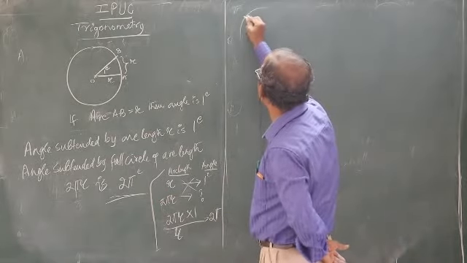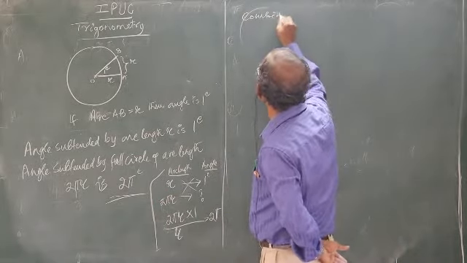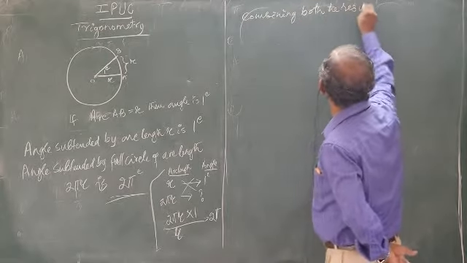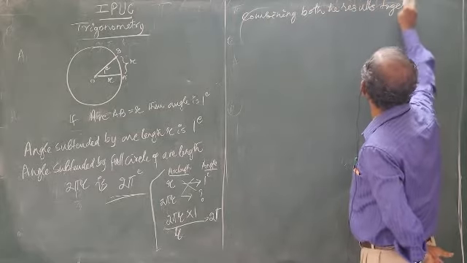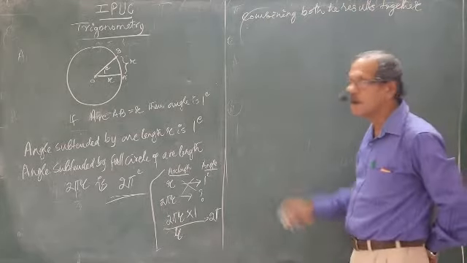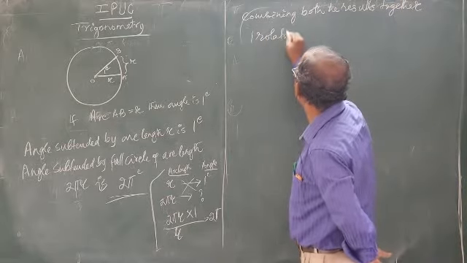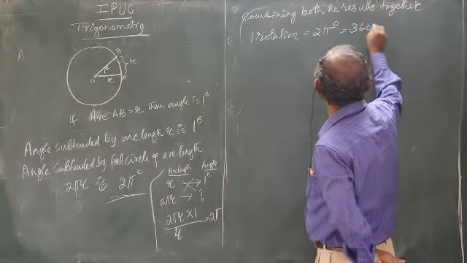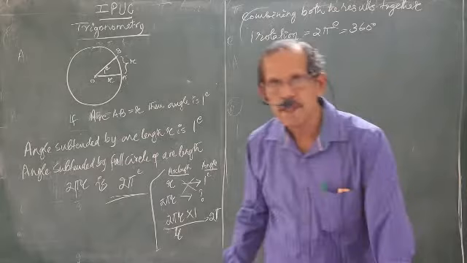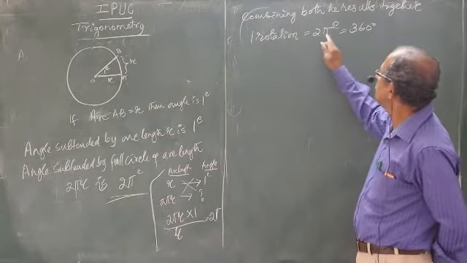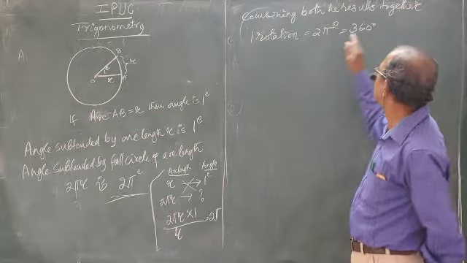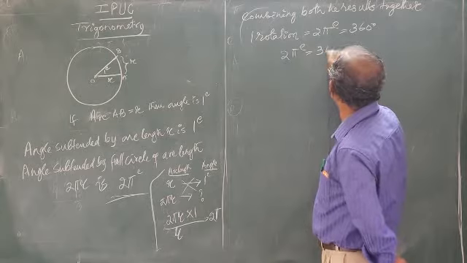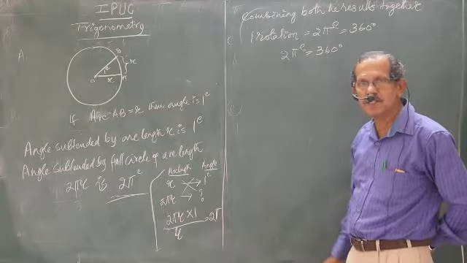Therefore, let me combine both results together: one rotation is 2 pi radian or 360 degree. 2 pi radian equals 360 degree, comparing these two.